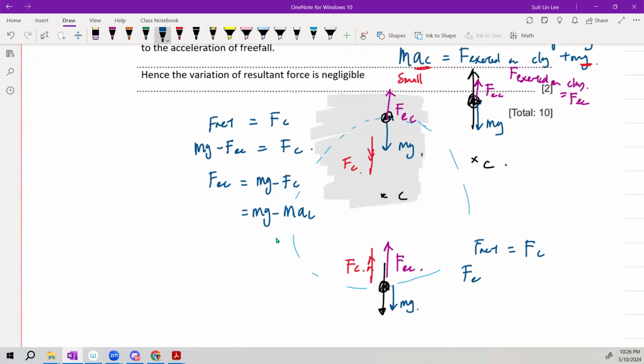The force exerted on the clay minus mg is equal to Fc. So from here, force exerted on the clay is equal to Fc plus mg. Or to compare with the other one, mg plus Fc, which is mg plus mac.